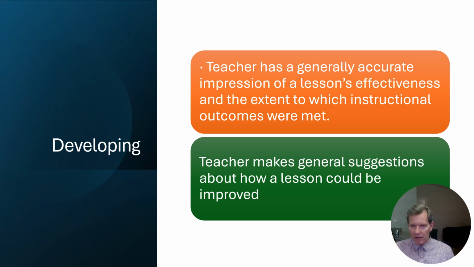At the developmental level, you are likely to have a generally accurate impression of whether a lesson was effective or ineffective, and whether learning outcomes were met or not. And you likely have an overall accurate impression of what you might want to improve, but your reflection in action and other forms of reflection are still growing.